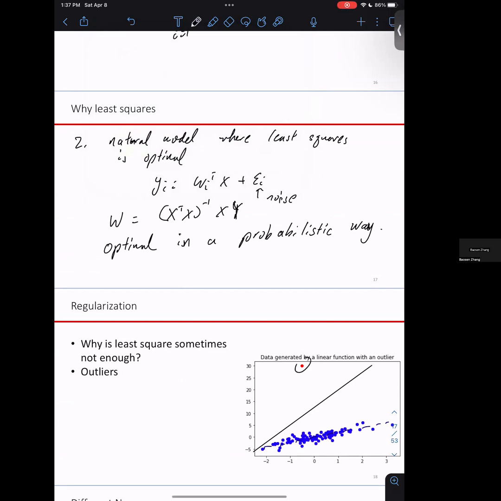This single point can actually change the estimate of the weights by quite a bit. Okay, so this is called an outlier, right? And so this means that the model is not terribly robust when you have an outlier. And so in the next few classes, we'll see how to deal with outliers, how to change standard regression. But what we cover in this short video should be enough for the homework for this week. Okay.